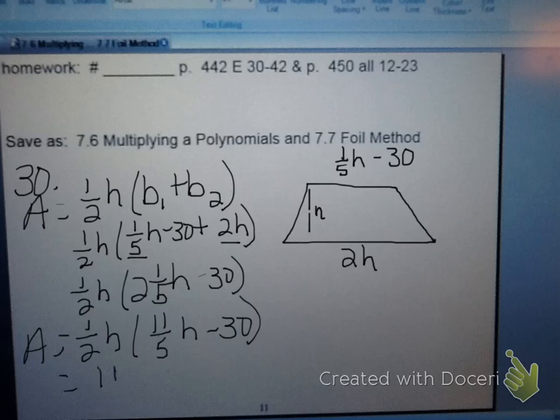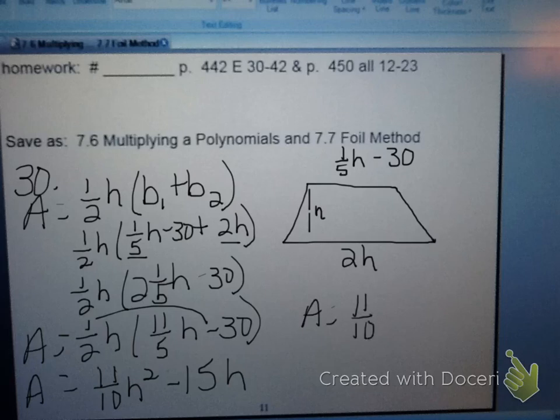So that's 11 over 10 h squared. Then I distribute 1/2 times, and then I get negative 15 h. Now I'm going to plug in 180 for h. So it's 11 over 10 times 180 squared minus 15 times 180.